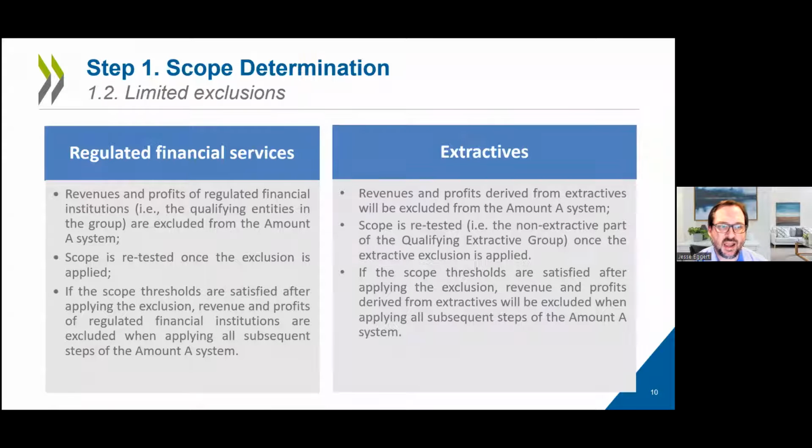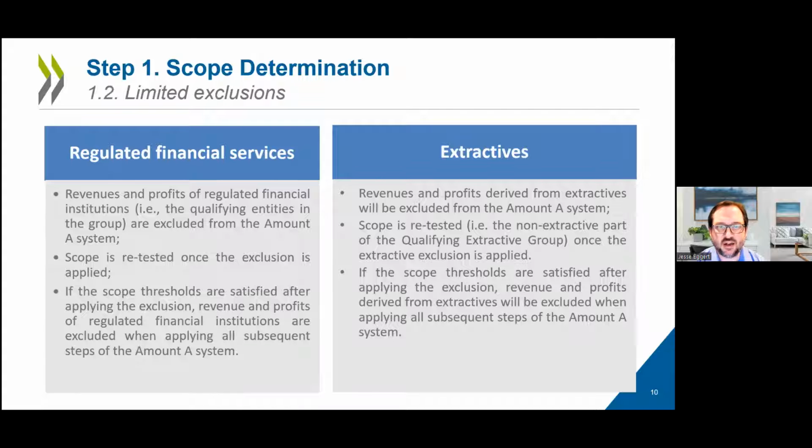So if after removing these profits, you would be below the 20 billion adjusted revenues and 10% pre-tax profit margin test, then your group is out of scope, and that's the end of your story. If you're still within scope, then we apply amount A, but only with respect to the revenues and profits that aren't covered by the exclusion.